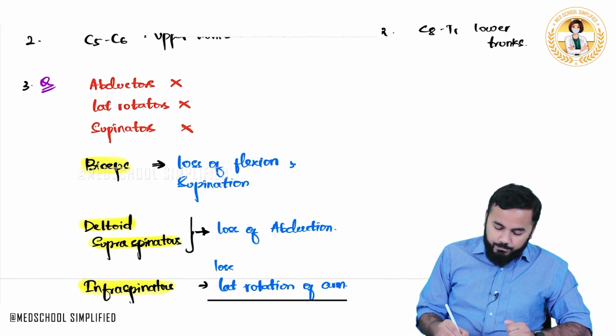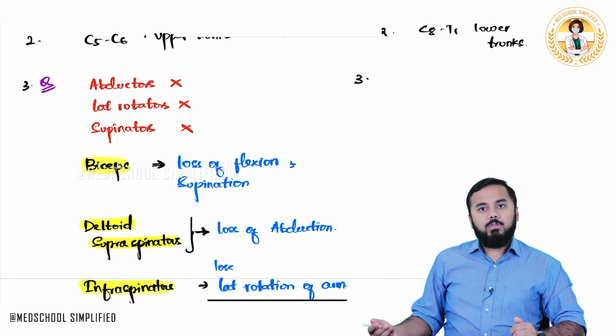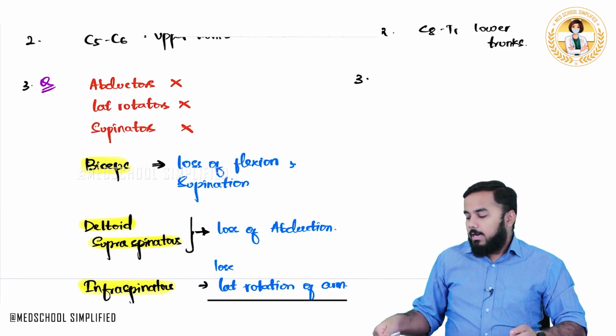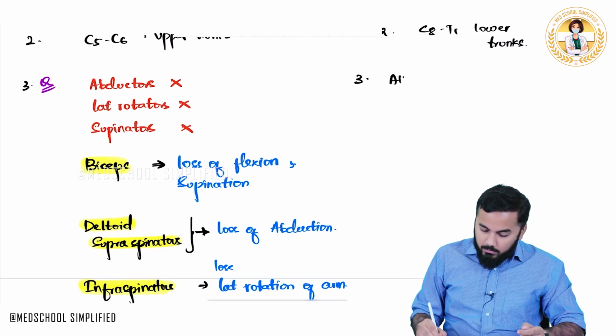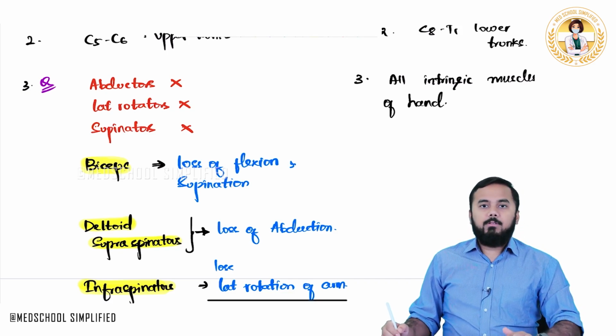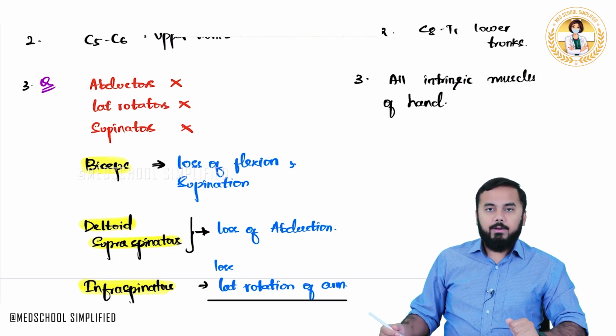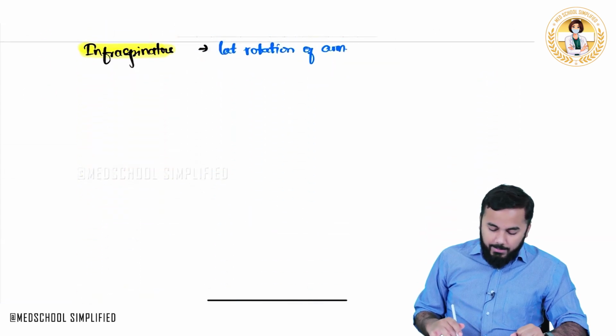Now the third important point, on the Klumpke side. When it comes to Klumpke's, the muscles involved are all the intrinsic muscles of your hand. Okay, so in Erb's palsy I told you what will happen, right?